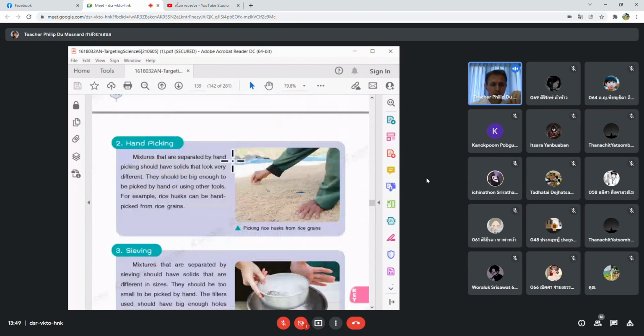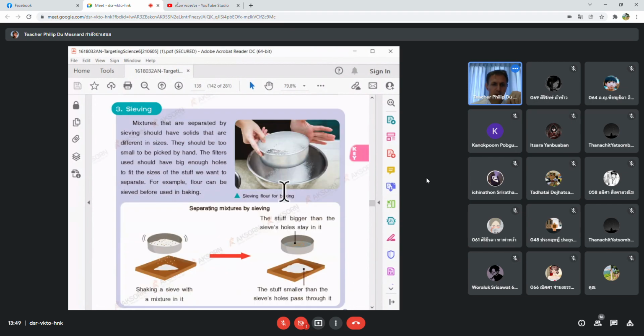Then the properties of hand picking, we know that the colors can be different, or maybe something is small and something is big. That is the property. And for sieving, the property is that we have the bigger pebbles or the bigger grains and the smaller ones. The bigger ones stay in the sieve and the smaller ones go through.